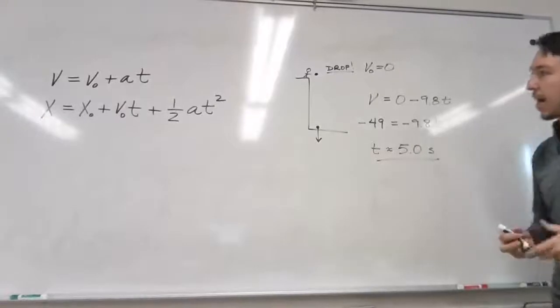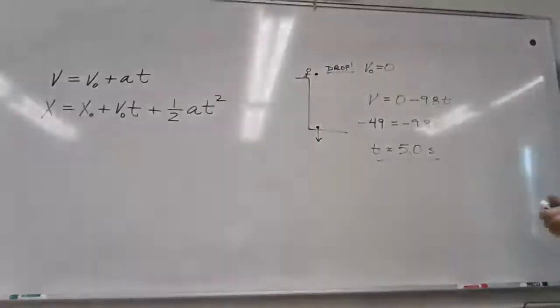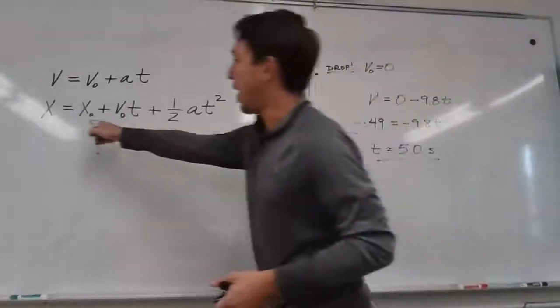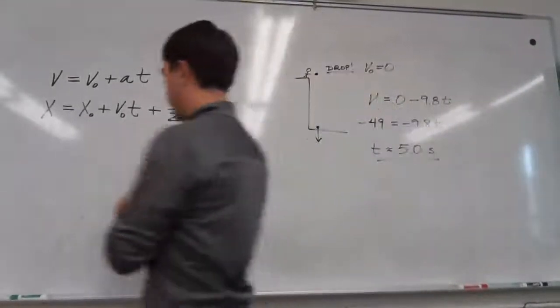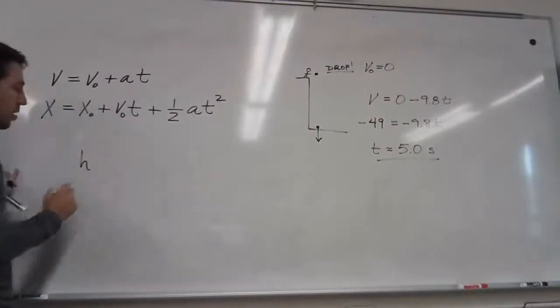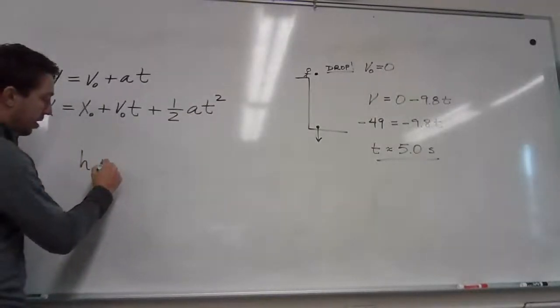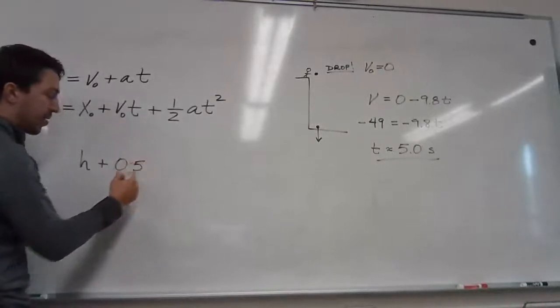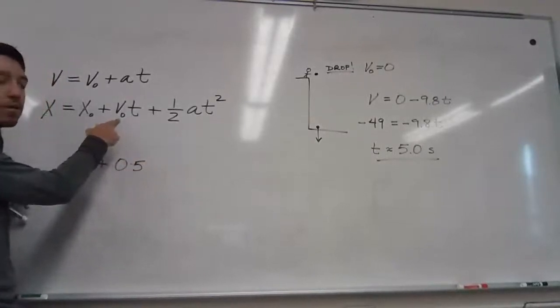Or, again, let's say, okay, I don't like that. I want to use the equations. It's fine. Just take your equation, say x naught would be the height of the building. So this is the height of the building. Call that h. Plus 0. I can say 0 times 5 if I really want, but initial velocity is 0.